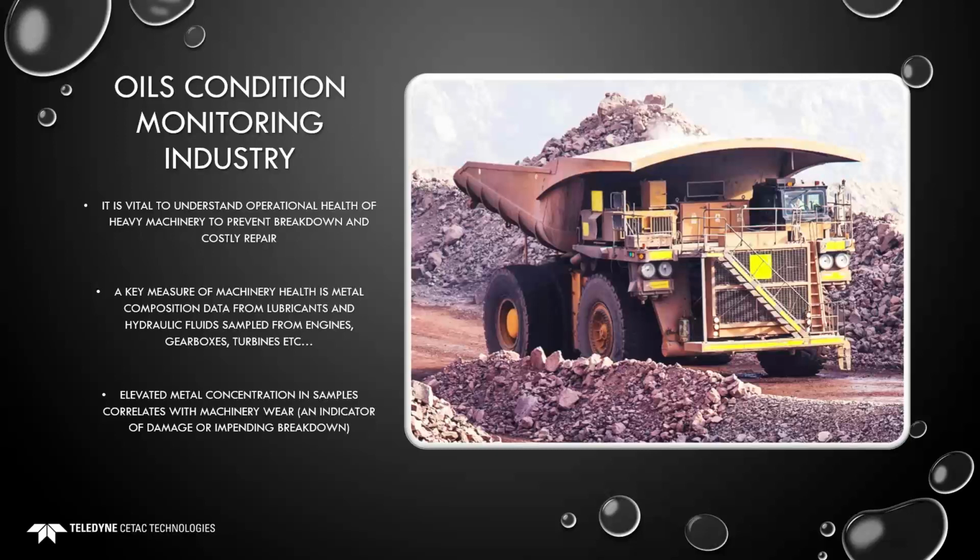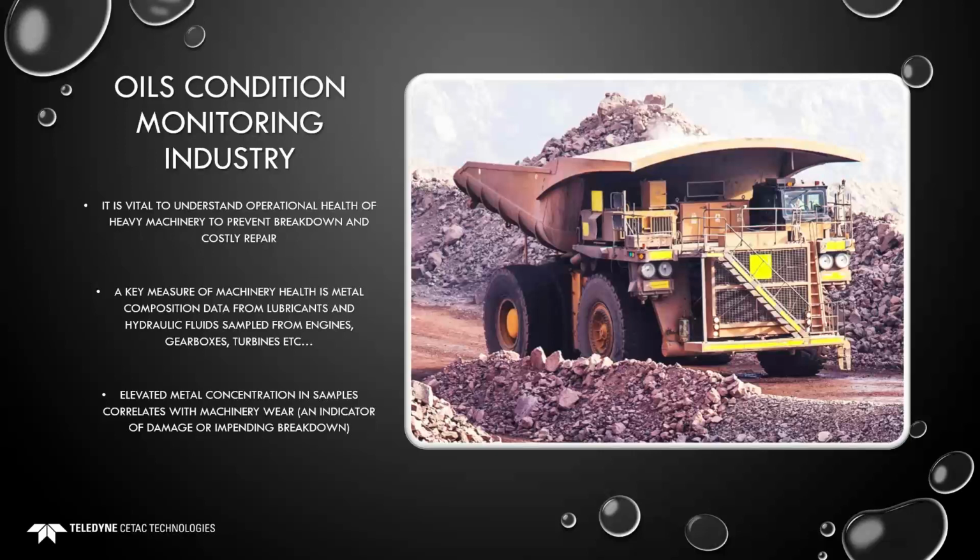The oil condition monitoring industry goes by several names, really. But what it's focused on is understanding the operational health of heavy machinery, in order to prevent breakdown and costly repair.